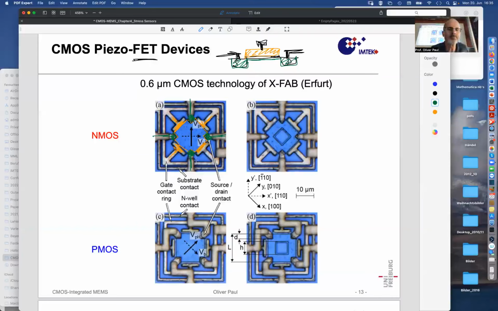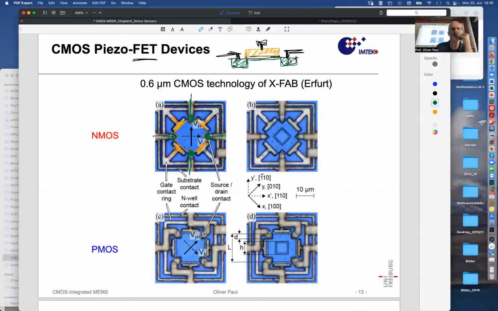The voltage difference between this contact and this contact is indicated in your graph as VPH, V pseudo Hall. It's like a Hall sensor, pseudo means kind of Hall, but it means a mechanical stress, and we call it also the shear piezoresistance, the shear piezoresistive response that appears here as a voltage.